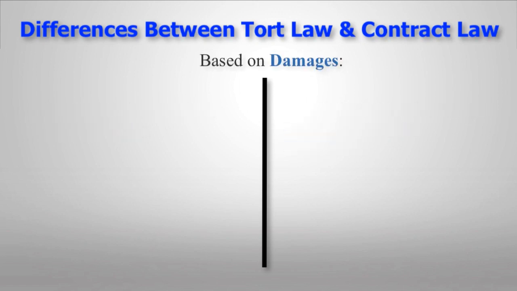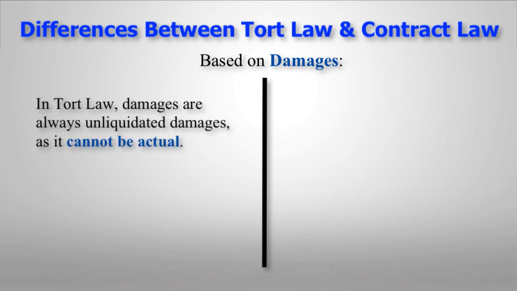Lastly, based on damages. In tort law, damages are always unliquidated damages, as it cannot be actual, as we discussed in the previous point itself, that it is not fixed. You don't know how much actually you lost, if it is mental suffering or physical suffering. There are certain aspects that are difficult to calculate.